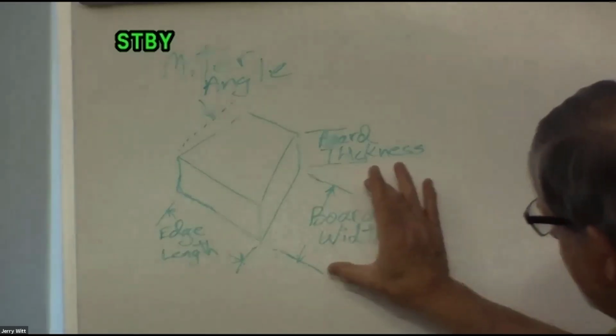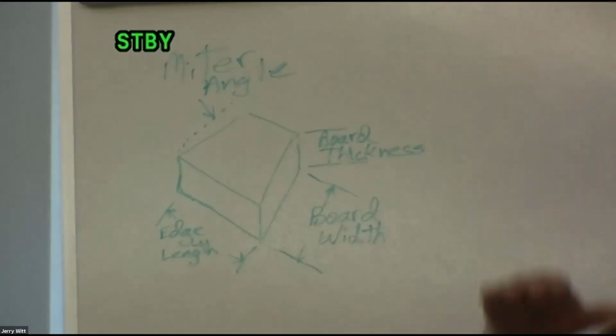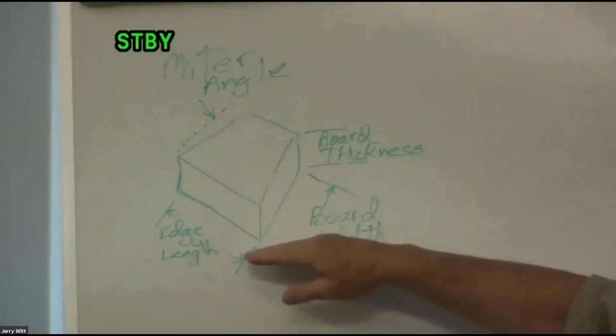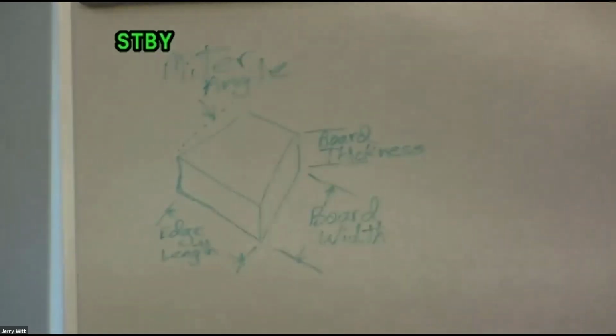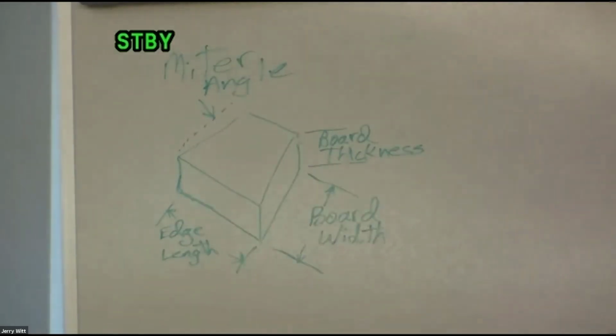I'm sorry, that's the board width. The board thickness is how large each row is of your segments, and the miter angle. Those 4 dimensions are particularly important.